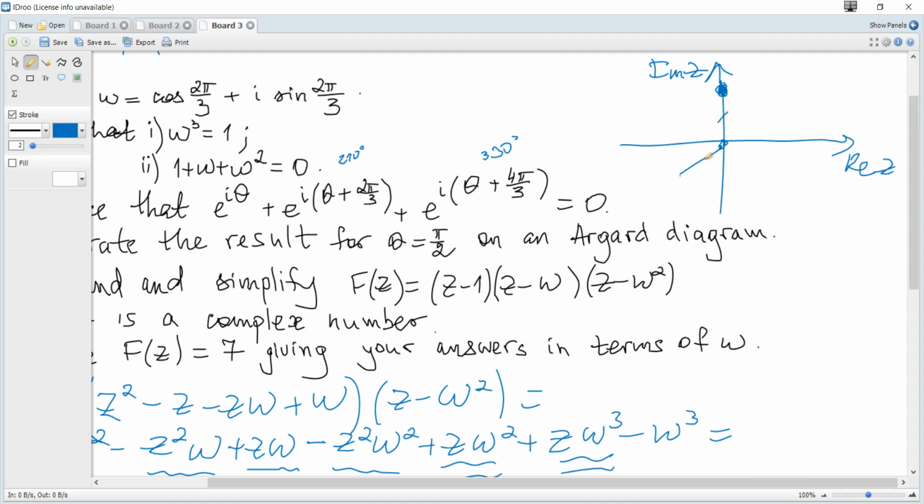And this is equal to this, and it's 1, and it's also 1. It's modulus, distance from origin. And the third complex number, again modulus is 1, but argument 330, and it's here. And you can see that 30 degrees is here, and 30 degrees is here, and it looks like this.